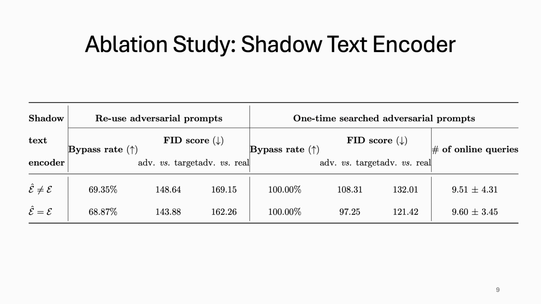Here is the ablation study on different shadow text encoders, particularly when the shadow encoder Ê is not equal to E and is equal to E. We have two observations. First, the same text encoder improves the image quality with a smaller FID score for both one-time and reuse attacks, and especially for one-time.